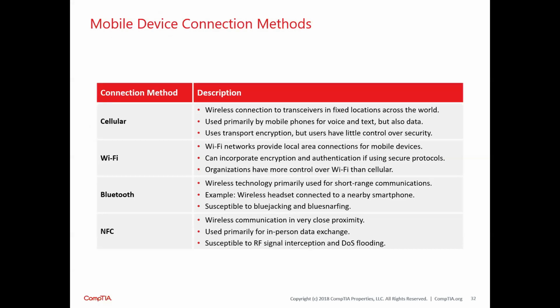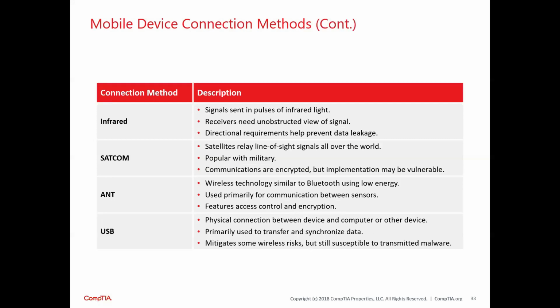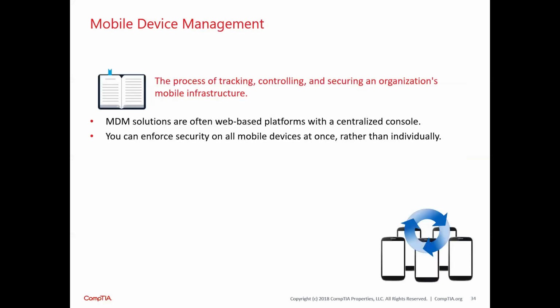The most commonly used are cellular, Wi-Fi, Bluetooth, and NFC. NFC is normally used when you do the tapping for, let's say, some cards. It might also look like RFID. So we have infrared, SATCOM, and USB. Nothing much, just do some reading on this.